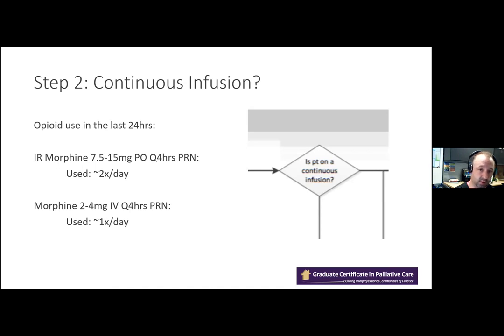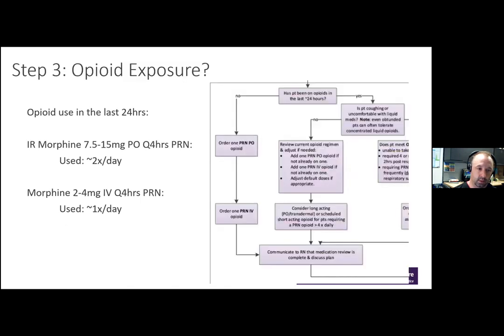Is she on a continuous infusion? No. And then moving on, has she been on opioids at all, or is this an opioid naive patient that we're talking about? So yes, she has been on opioids.